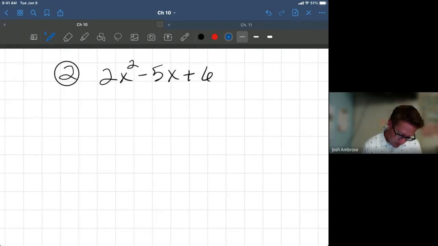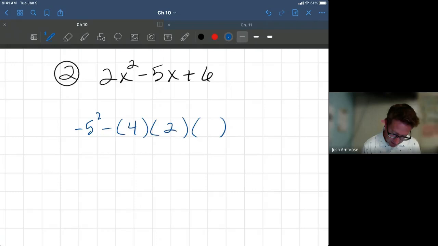Here we go with b squared minus 4 times a times c. All right, so negative 5 squared is going to actually equal a positive 25.